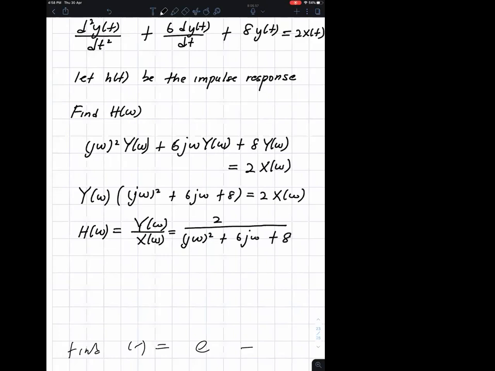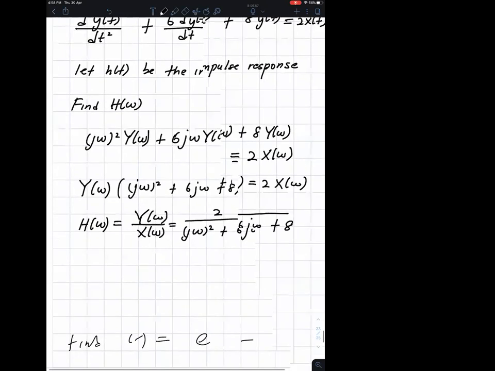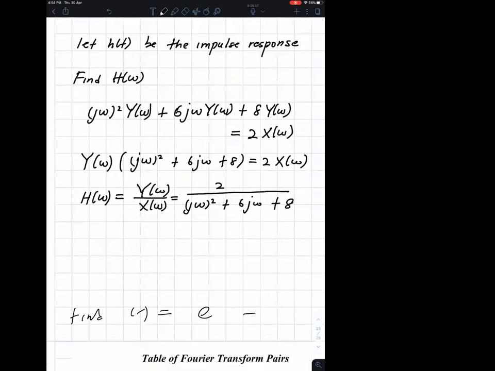Okay, 8. That's going to be equal to 2 over, j squared is minus 1, so it's going to be minus omega squared plus 6j omega plus 8.